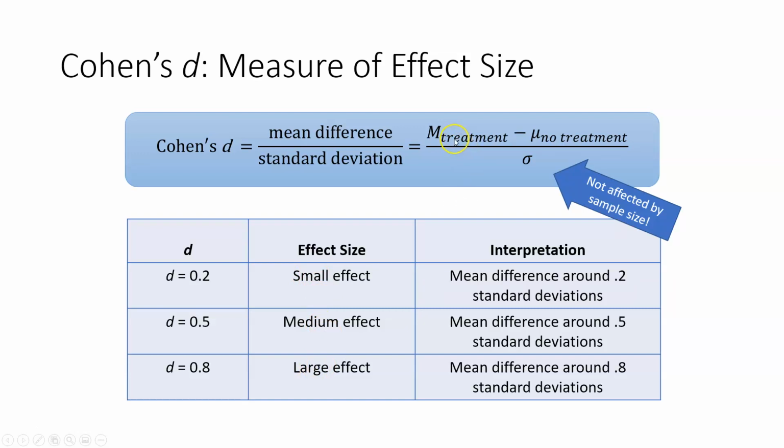Now, I'm not sure if you noticed, but this formula right here is actually very similar to the z-score formula. Remember that the z-score is the mean minus the mu divided by the standard error of the mean. So that's sigma sub m. But this one right here is not affected by sample size.